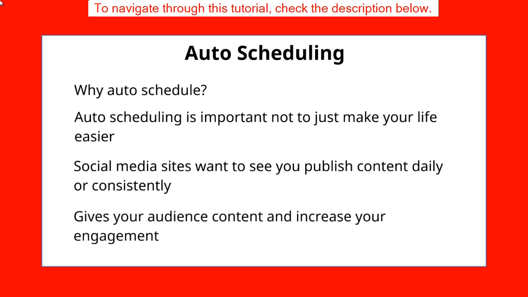So what ends up happening is it's a win-win situation. You're winning by saving a lot of time on your end, and in addition to that, you are also giving your audience content, increasing your engagement, and thereby the social media sites will see that and their algorithm will kick in and get you better rankings.